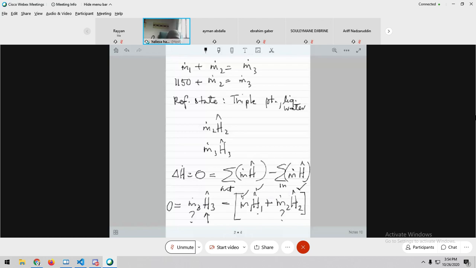So using this energy balance, solve it simultaneously with the material balance. You should be able to solve for M2 and M3 because you have two equations, two unknowns. This is your one equation, that is your second equation. Two equations, two unknowns. Solve simultaneously.